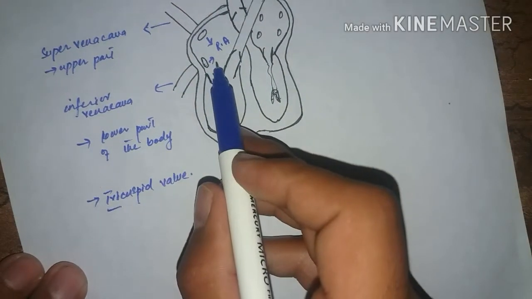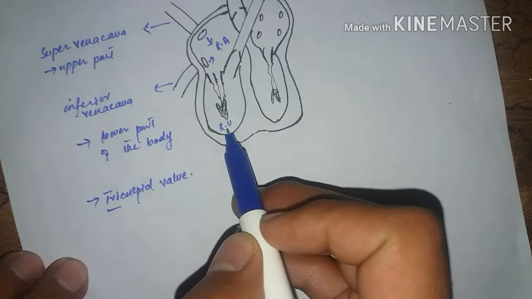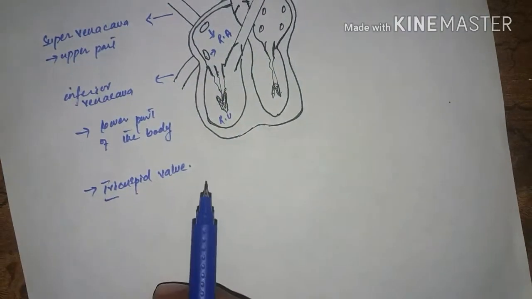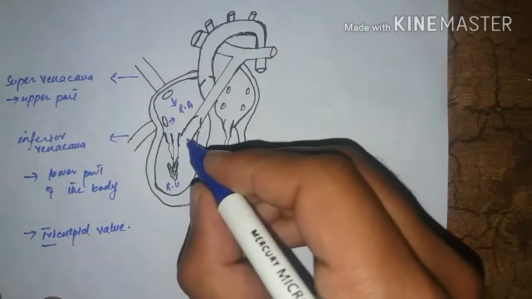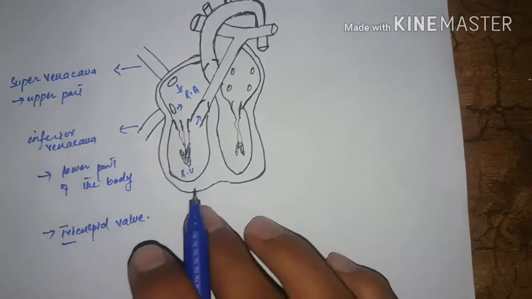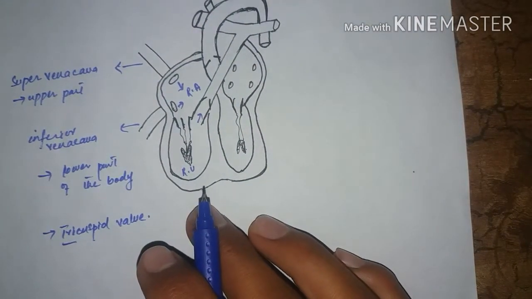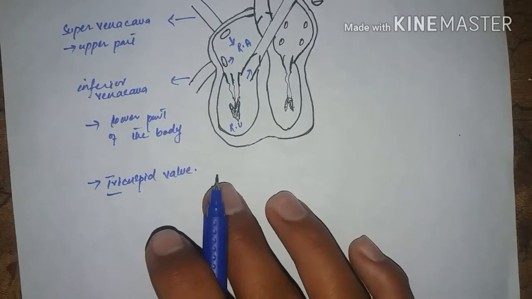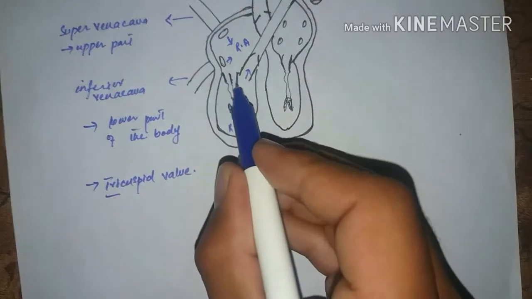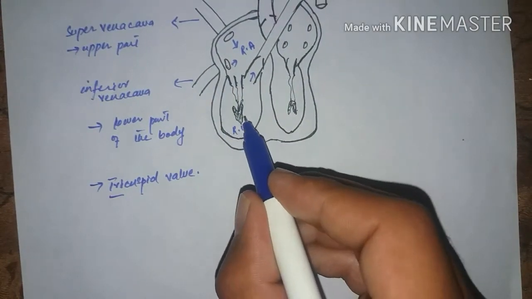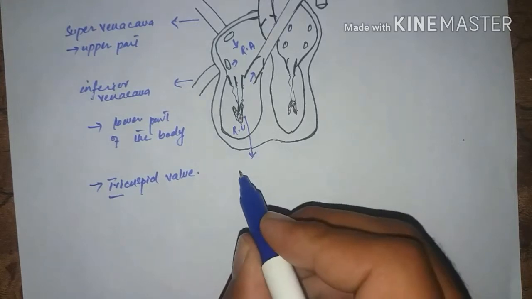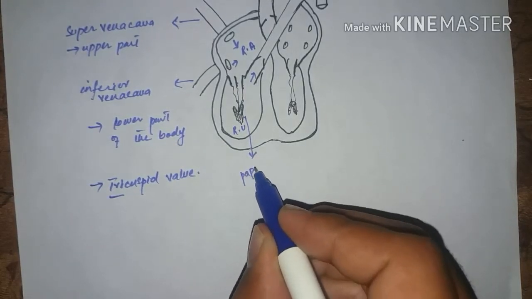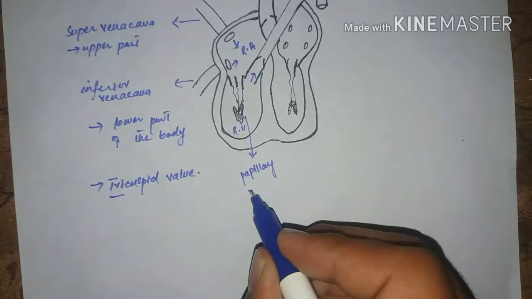When the right ventricle pumps blood to the next phase, that is pulmonary trunk for the lungs for oxygenation purpose, this valve is closed with the help of muscles known as papillary muscles.